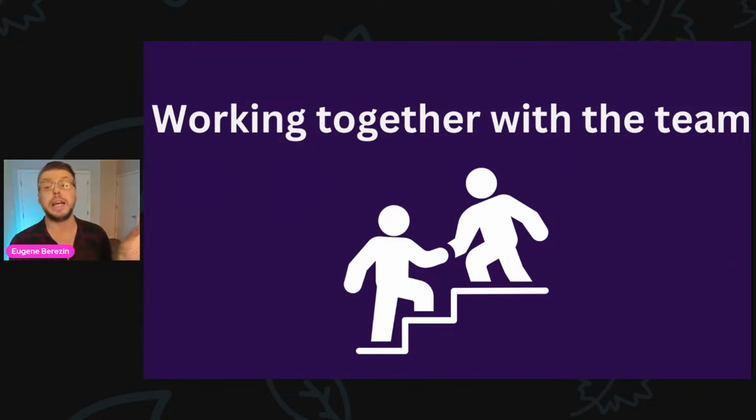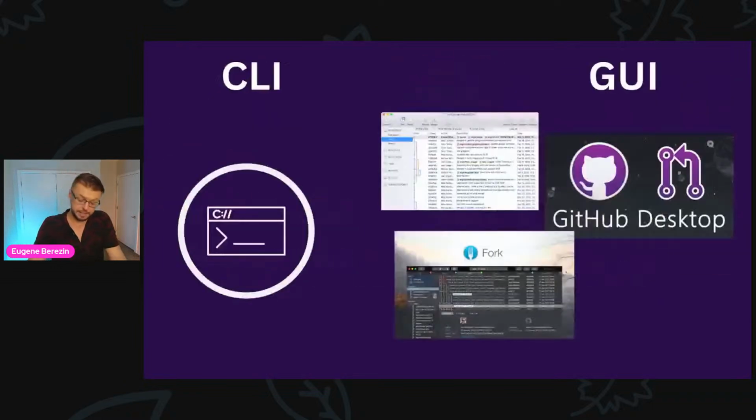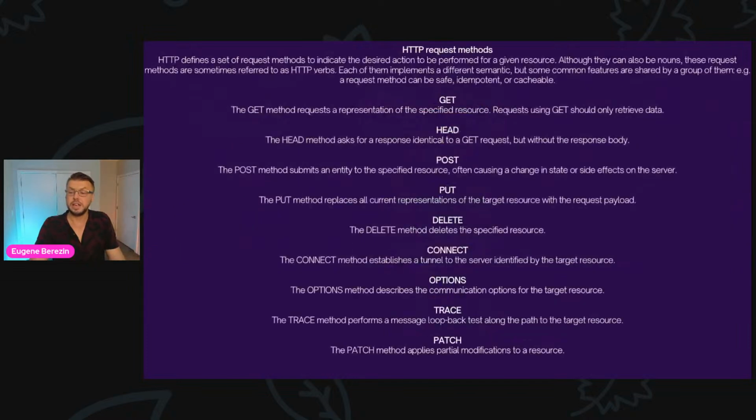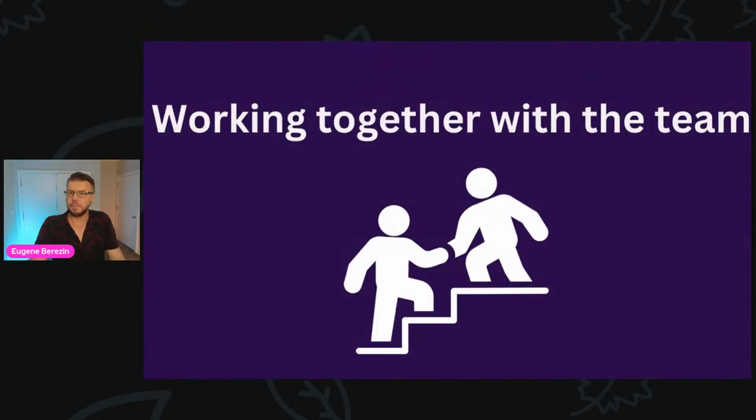Working together with a team. Now we're kind of close to soft skills, your skills as a team member. Working together with the team, yes, you may know CICD, you may know testing, you may know unit tests, you may know how to use GitHub and how to use Jira, but you work with people.